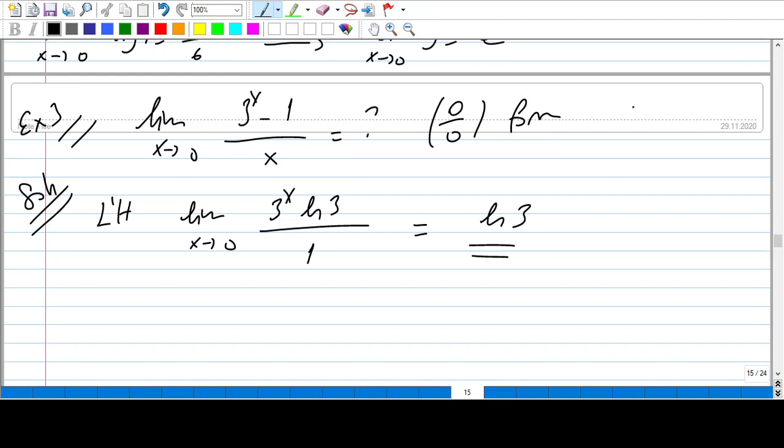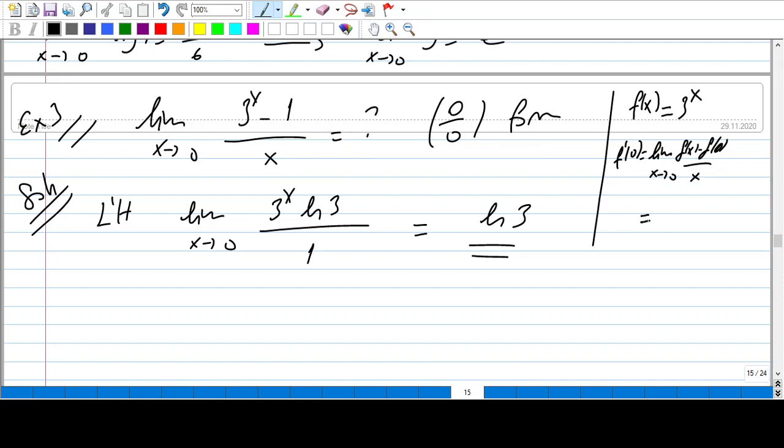Otherwise, you must use the definition of derivative. Let me write an alternative solution. Let f of x be 3 to the power x, and use the definition. We can say f prime of 0 is equal to limit x to 0 of f of x minus f of 0 over x minus 0, which is x.